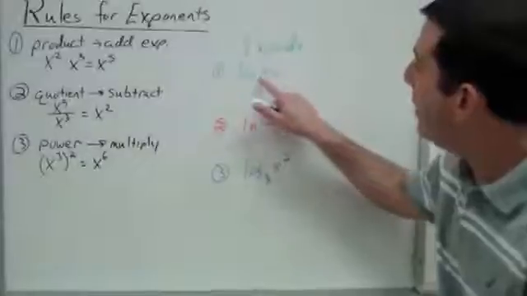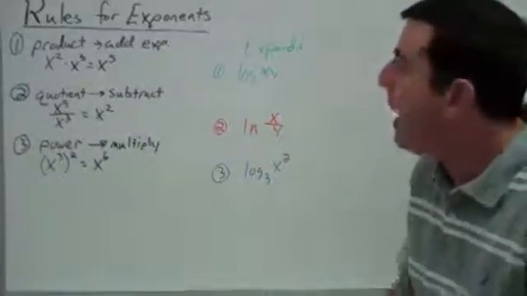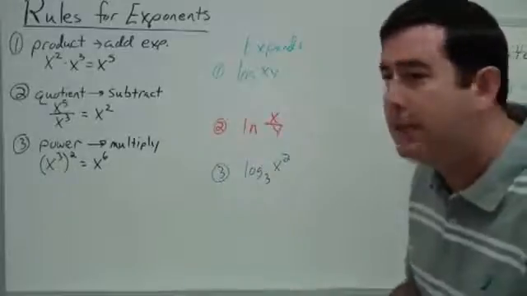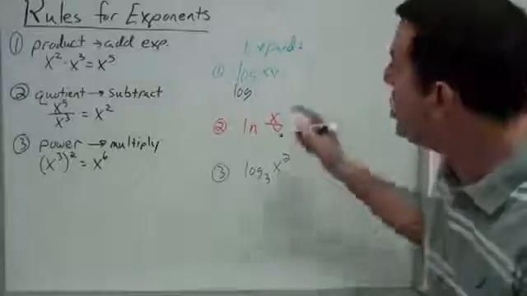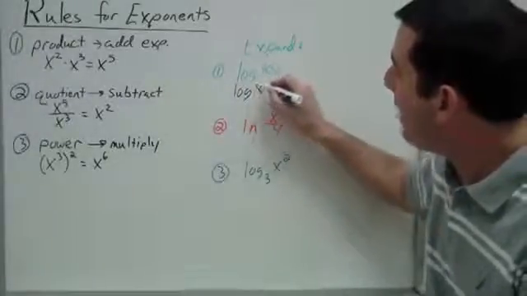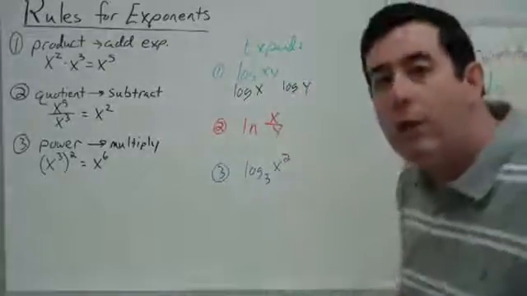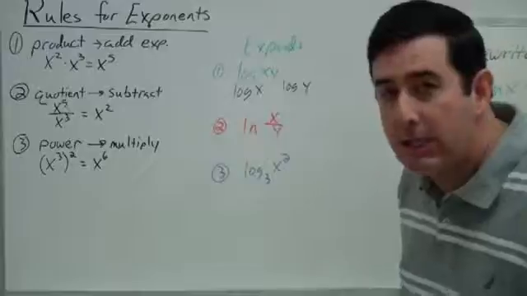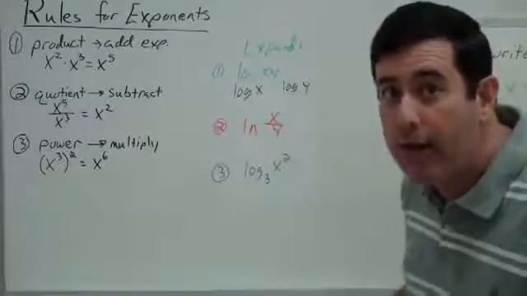Here I've got the log of two things being multiplied together. As we try to expand this, we'll need the word log once for each of the factors that I have. Since I've got a factor of x and a factor of y, we'll need the word log two separate times, once for each of the factors when we're expanding.